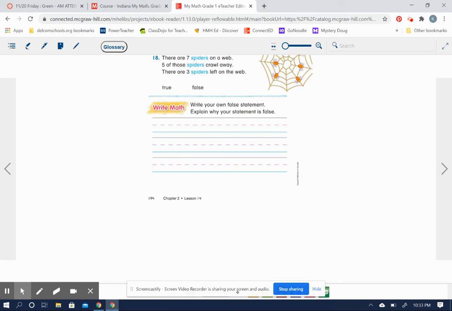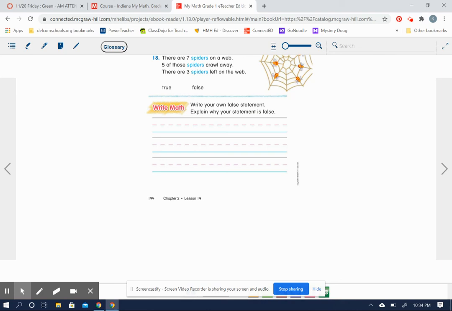It says there are 7 spiders on a web. 5 of those spiders crawl away. There are 3 spiders left. Do you think that's true or false? Okay, well, we can't even see the whole picture of the spider web, but if there were 7 and you take 5 of them away, then are you going to be left with 3?